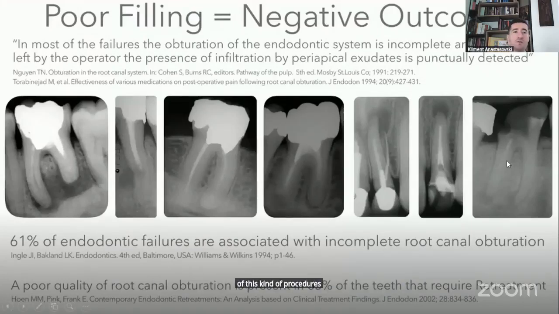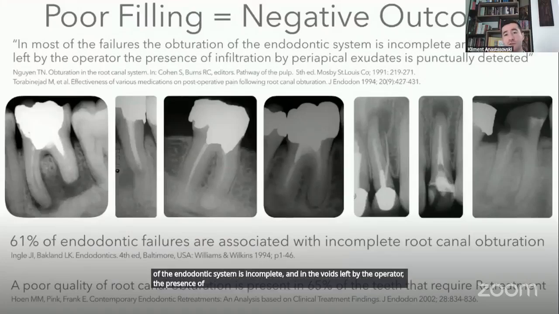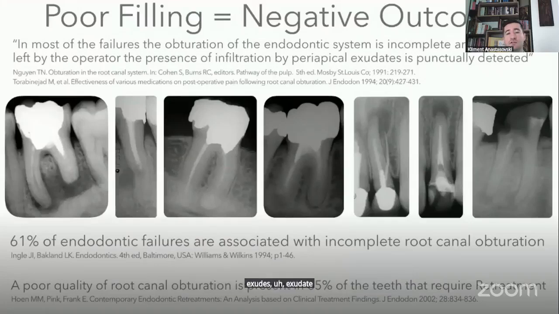In most of the failures, the obturation of the endodontic system is incomplete, and in the voids left by the operator, the infiltration of periapical exudate is punctually detected.